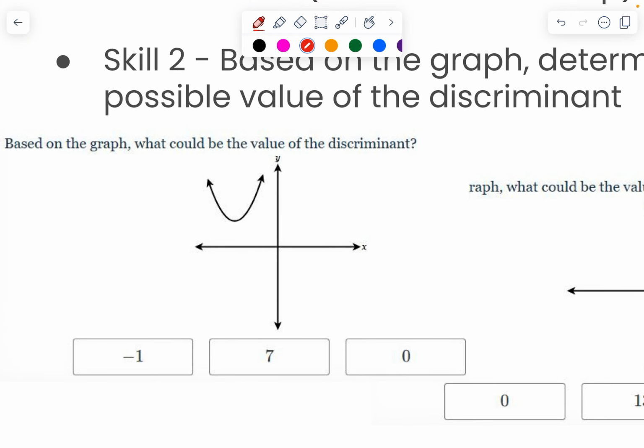So based on this graph where it's floating above, what could be the discriminant, right? Is it going to be positive, negative, or 0, right? And if it's floating above, that guy is definitely a negative number, right? So if you see anything floating above, whether it's anywhere above or below, it's going to be a negative value. It could be -1, it could be -7, it could be -35. I don't know, right? But we're just thinking of the possibilities.